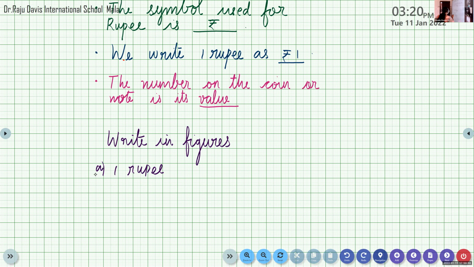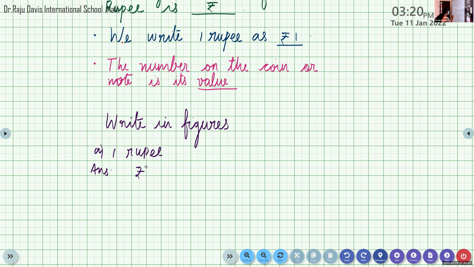Let's write the answer. Put the symbol, then the number. Now here we have B. It is 50 rupees. You write the answer, okay?